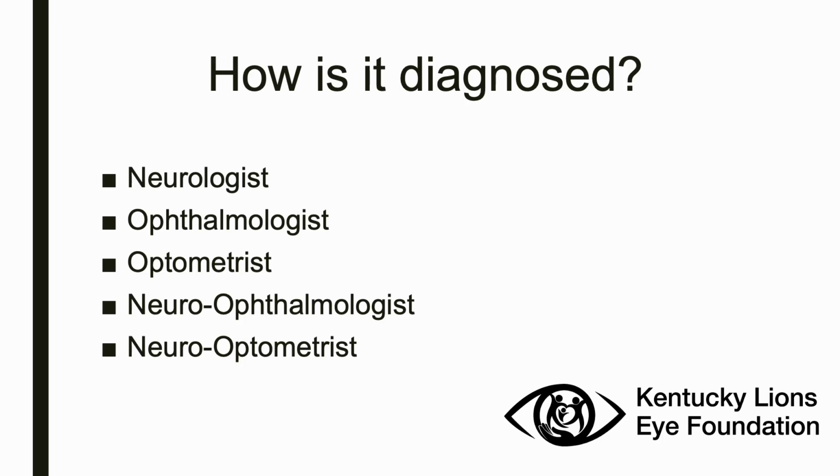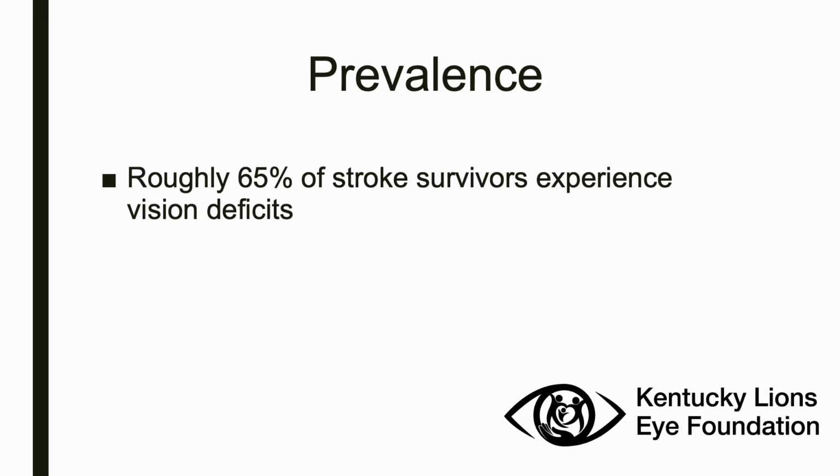To diagnose vision-related deficits from a stroke, either a neurologist, ophthalmologist, optometrist, neuro-ophthalmologist, or neuro-optometrist can diagnose those with vision loss. According to the American Stroke Association, roughly 65% of stroke survivors experience these vision deficits.